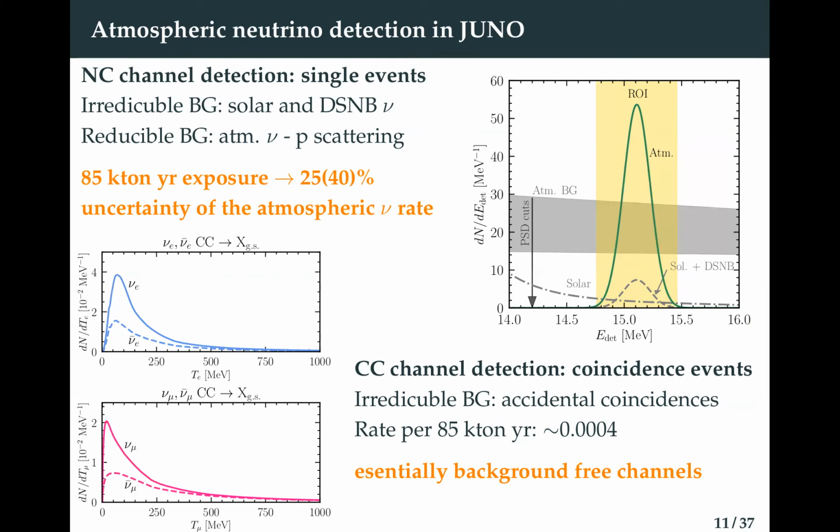For the backgrounds, the biggest would be atmospheric neutrinos scattering on protons, because those are single events, either protons bound in the nucleus or single protons. But relying on the Juno papers, this can be discriminated, since protons lose energy differently in the medium than gamma rays, so we can differentiate between those.